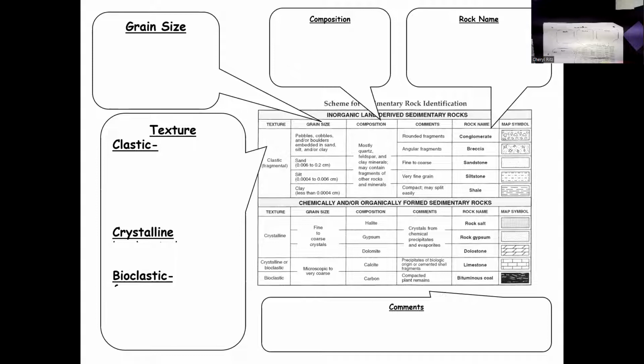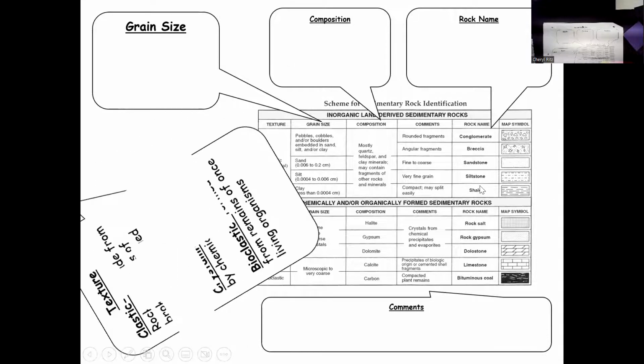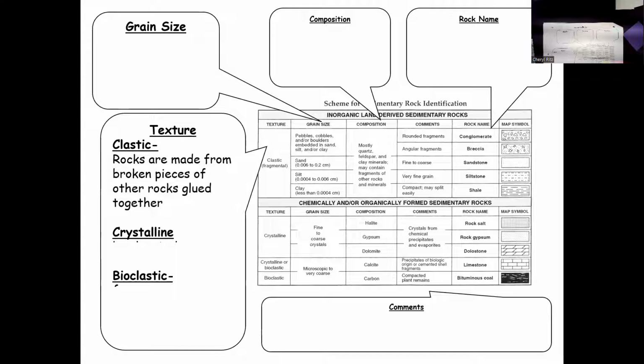There's crystals. So I guess we're stuck on the word clastic, which probably means nothing to you unless you already had the lab. So we're going to start right there. There you go. So crystalline are rocks with crystals, and clastic are rocks made of broken pieces of other rocks cemented together.